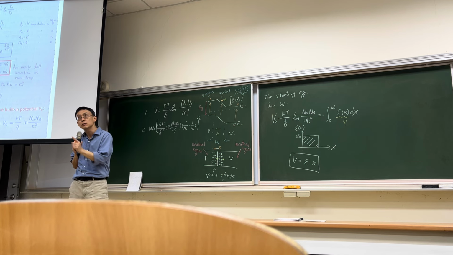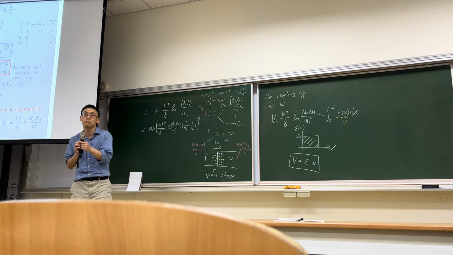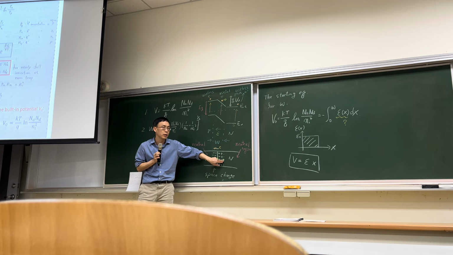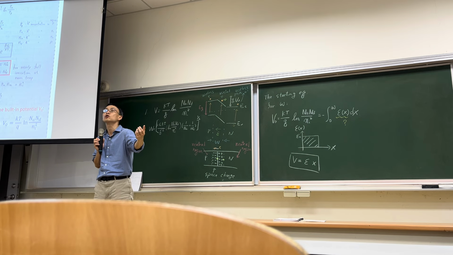Center or edge? According to your answer, it doesn't matter whether you are sitting here or here. You feel the same electrical field, no change. Is that what you say?